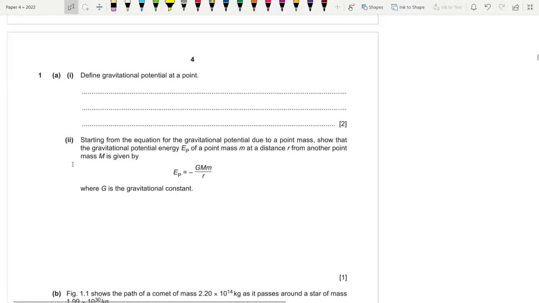Define gravitational potential at a point. Okay, so this is a common definition that we get from time to time.